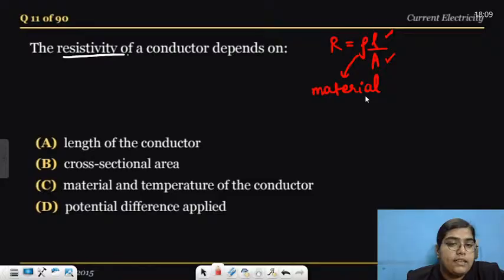Yesterday we saw the temperature dependence of resistivity: for metals, with the increase in temperature, resistivity also increases. For semiconductors and electrolytes, it was an inverse relationship. That means resistivity depends on only two factors: first, the nature or type of material, and second, the temperature of the conductor. So the correct answer should be option C.